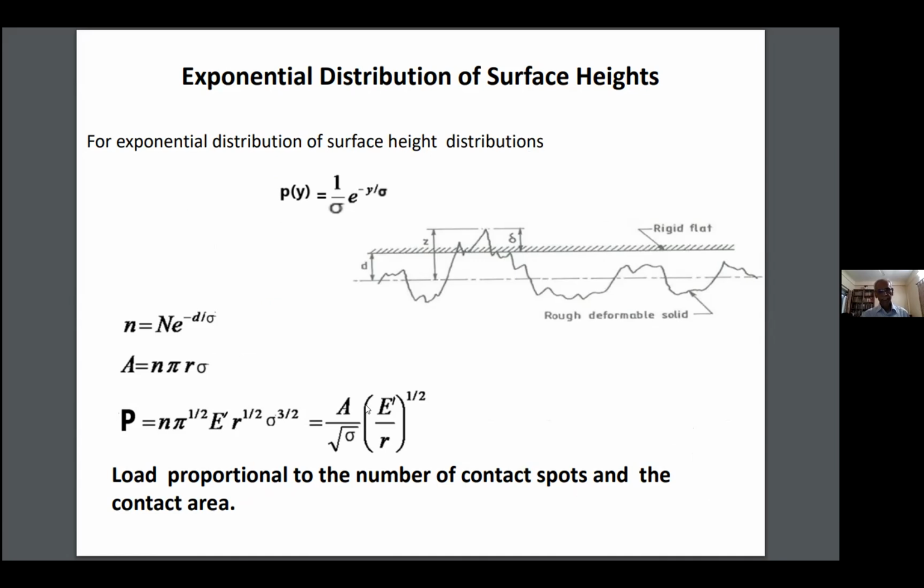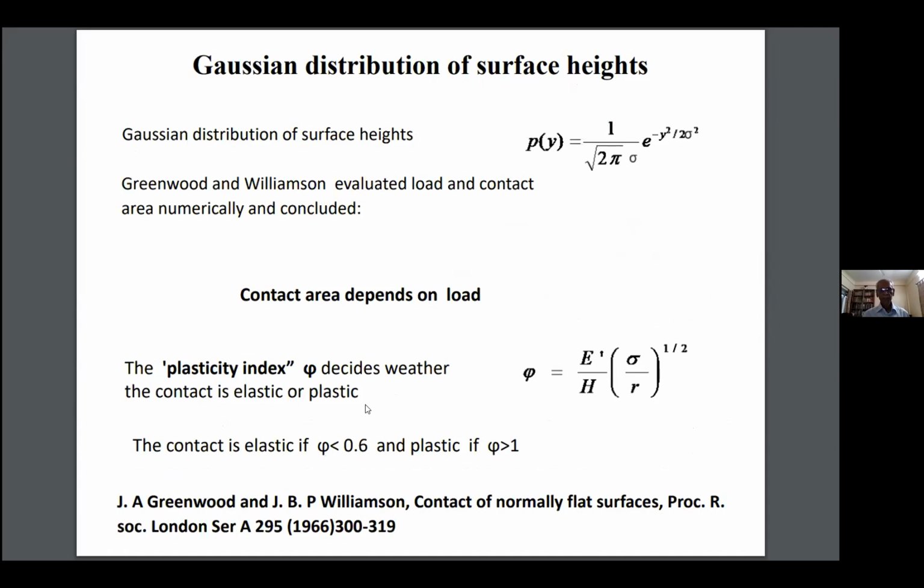But when we take a Gaussian distribution, which is p y or pz, 1 by root 2 pi sigma e to the power minus y square by 2 sigma square, this is a typical expression for Gaussian distribution. Then the integration becomes difficult. And obviously, it cannot be done simply analytically. So there we need to use numerical methods to solve it.